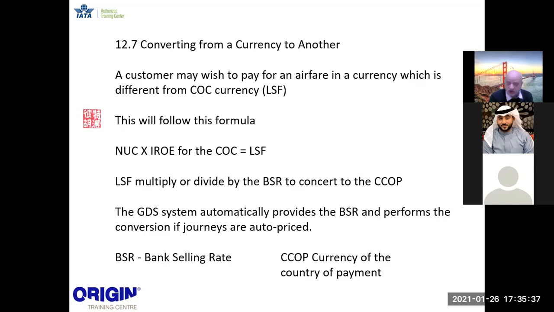If you want to change that to another currency, then you add the step BSR to CCOP, currency of the country of payment. Okay. Again, if you're doing this on Sabre, it actually works this out for you, gives you the equivalent fare paid. But here's the two new codes: BSR, banker selling rate, CCOP, currency of the country of payment.